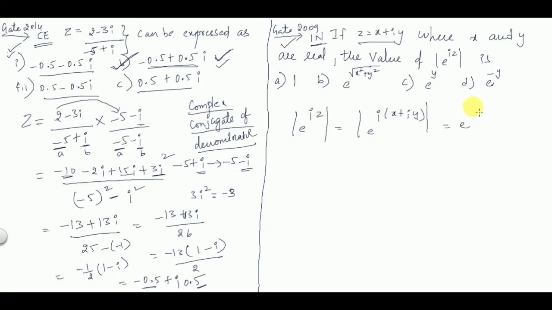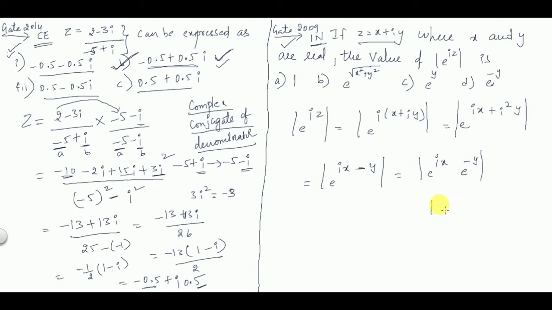So e power ix plus i square into y, modulus. So modulus of e power ix minus y. Okay, so this is of the form a power m into a power n, so we can write it as a power m plus n form. So you can write it as e power ix into e power minus y.